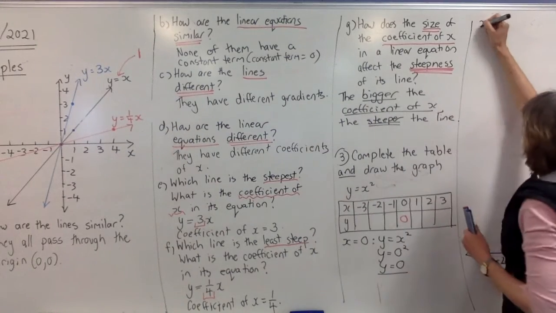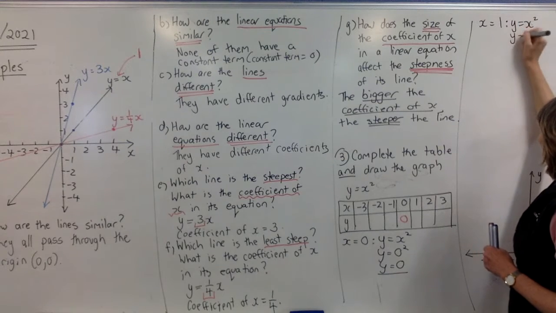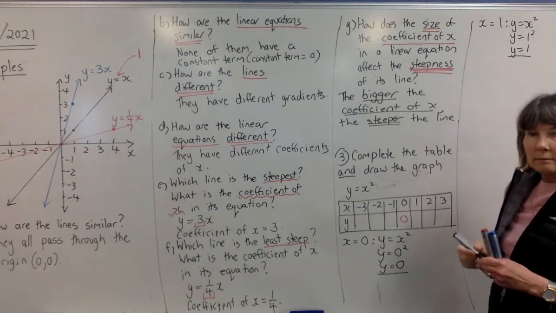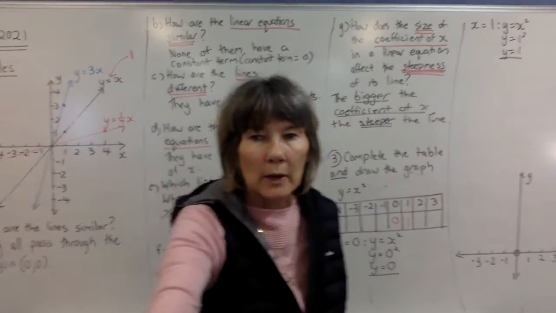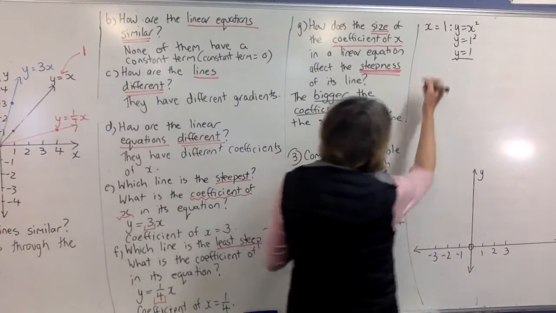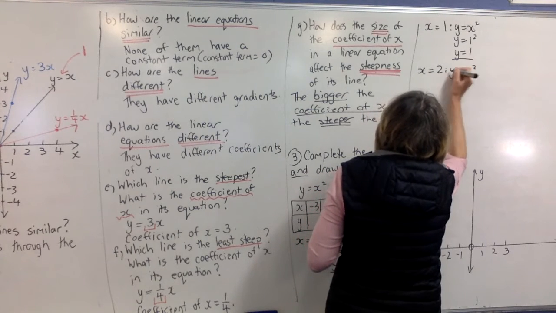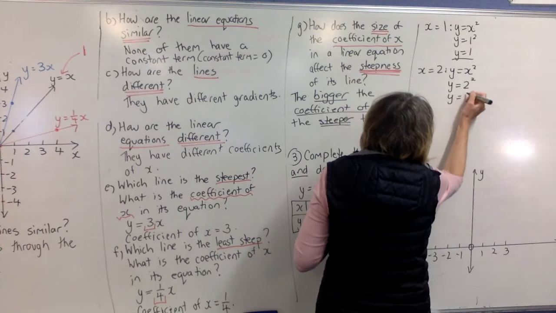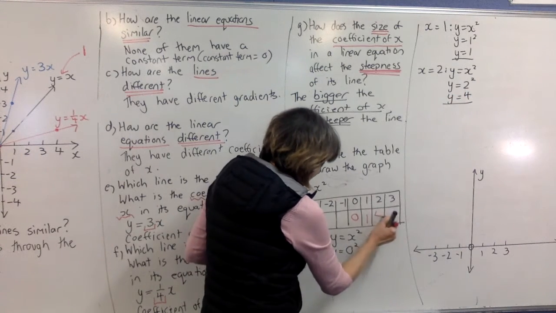So we're going to do x equals 1, write down y equals x squared, and put in the 1. The calculator will give you a 1 for that, and then you put the 1 in here. Okay, so what we do next, take the next number, x equals 2, write down the equation that we're putting it into, put your 2 in for x, use your calculator, and it will give you a 4.